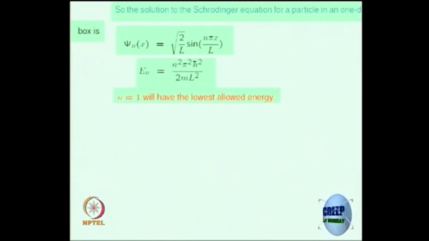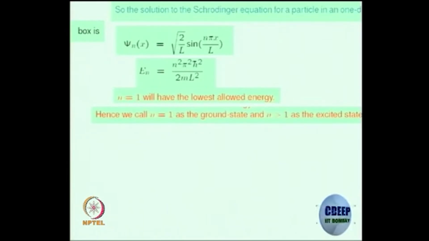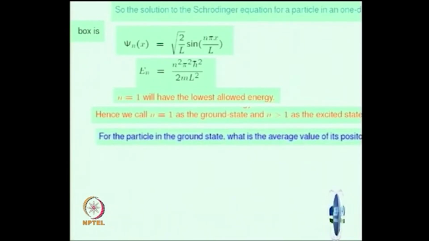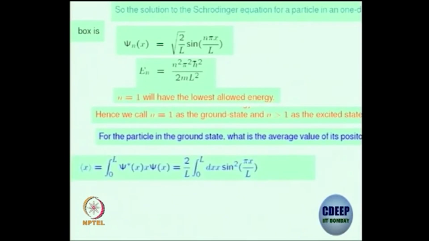So the wave function psi 1, n equal to 1, is the lowest energy level, corresponding energy is E1 which is equal to E naught, and the wave function is psi 1 of x. And n greater than 1 are the excited states. And what is the average value of position, also called expectation value? This also we discussed last time.